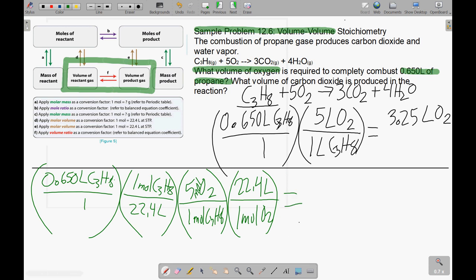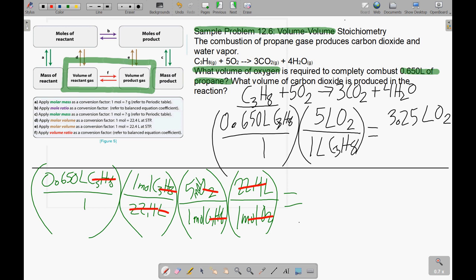Alright, now watch what happens when we start crossing out things that we don't need, or things that cancel. Our moles of oxygen cancel, our moles of propane cancel, our liters of propane cancel. Oh, but look, the 22.4 also cancels.